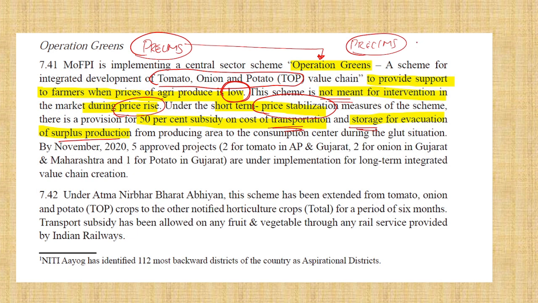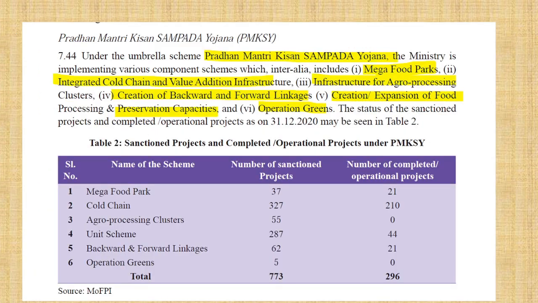The second most important thing you have to know: post COVID, this scheme has been extended. First it was for only 3 top crops; now it is notified for the next 6 months for all vegetables and fruits.